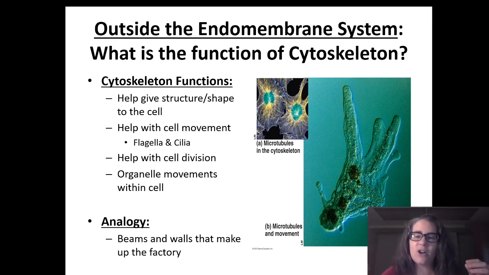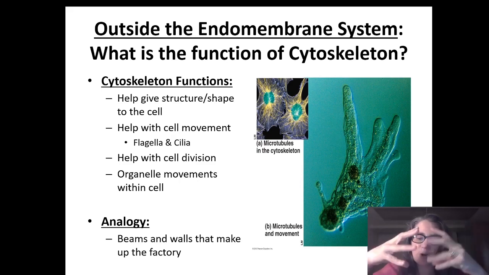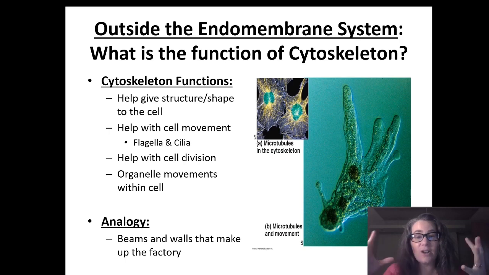The cytoskeleton also participates in cell division by attaching to chromosomes and moving them around. And the cytoskeleton can also anchor the nucleus. The reason why the nucleus stays in the center, typically, of the cell is because it's attached to cytoskeleton that anchors those particular organelles in place. So this is like the beams and the walls of the factory that holds it all together.